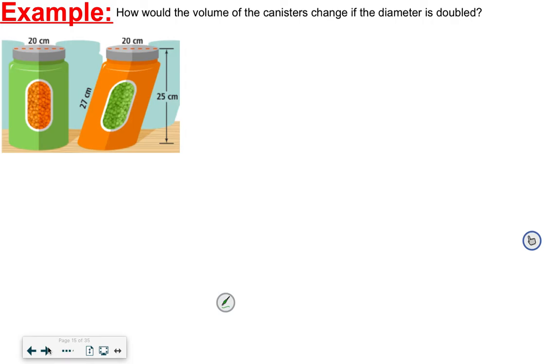Now, how will the volume of the canisters change if the diameter is doubled? We already found that both canisters have the same volume. What was the volume? Base area times height. Because the base of this cylinder is a circle, pi times r squared is the base area, times height.